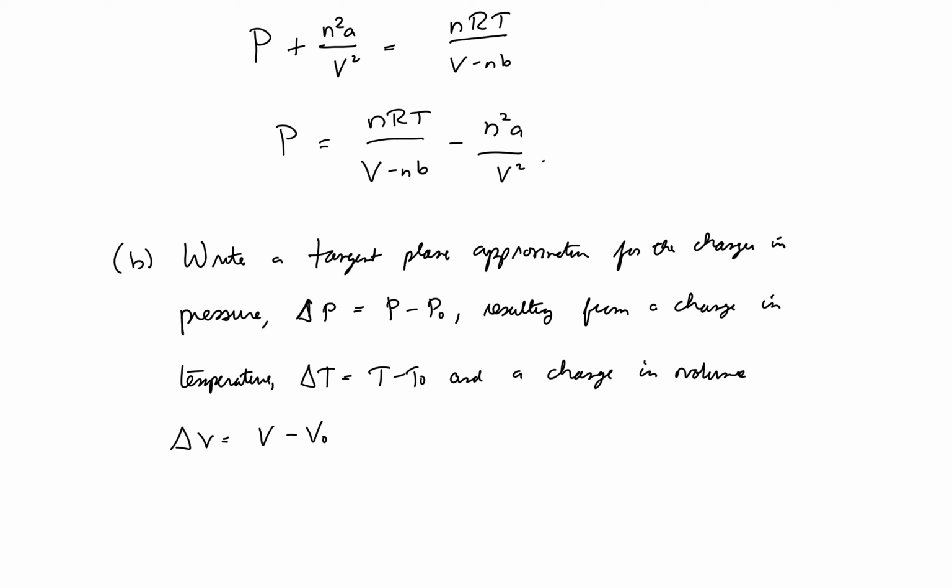And so we want to write a tangent plane approximation for how the pressure changes, so delta P, which is going to be P minus P0, resulting from a change in temperature and a change in volume.